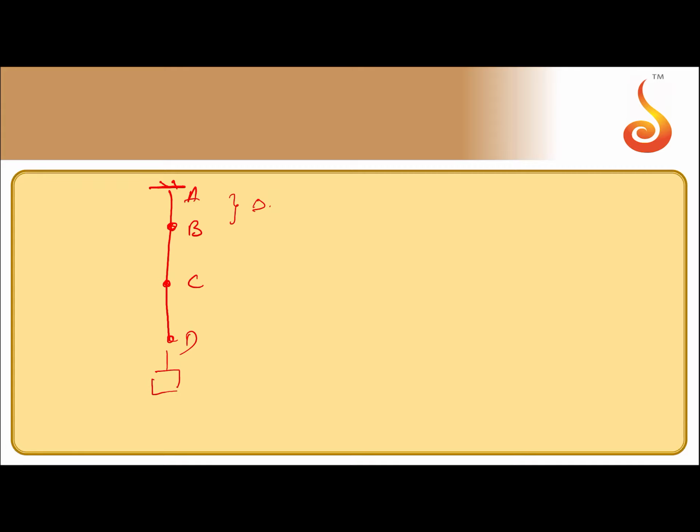If the elongation of this is delta L1, delta L2 and delta L3, then the question is about the elongation of different wires, right? So now how to find it out? We have already done that. Delta L1 is equal to FL divided by AY. So is the force same all along? Yes. What about their cross sectional area? Same. So I'll write this as L1 by AY.